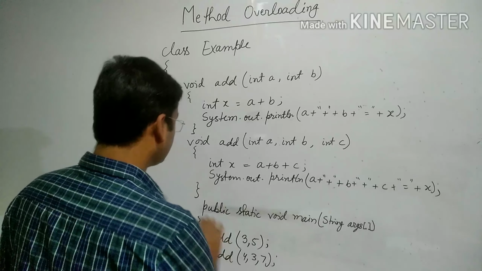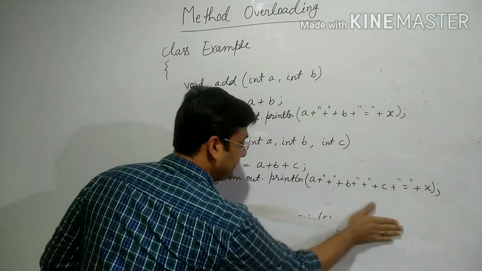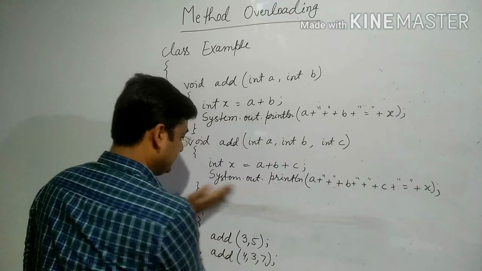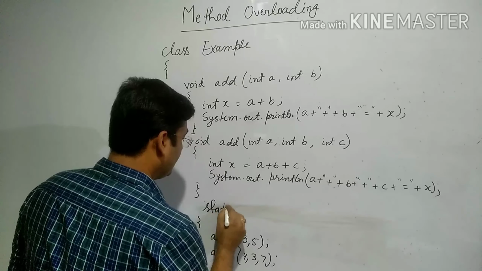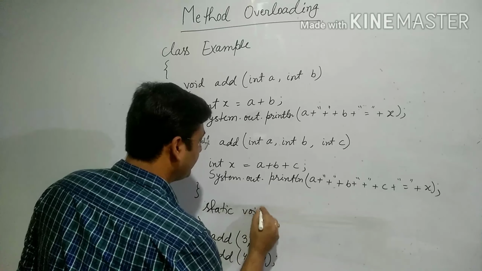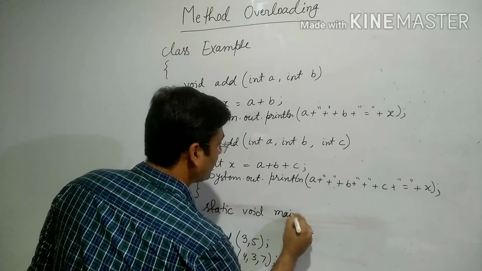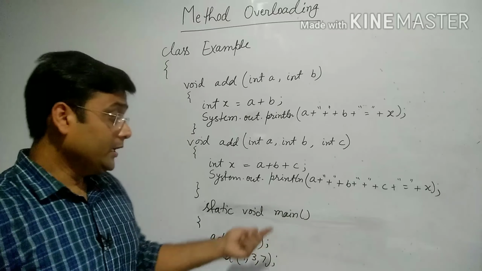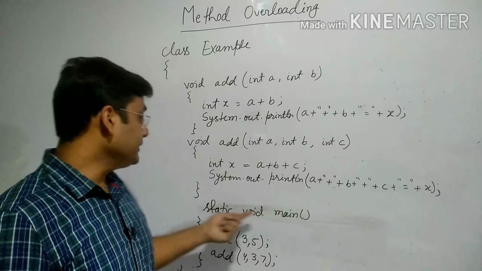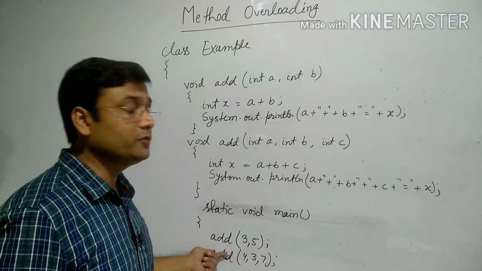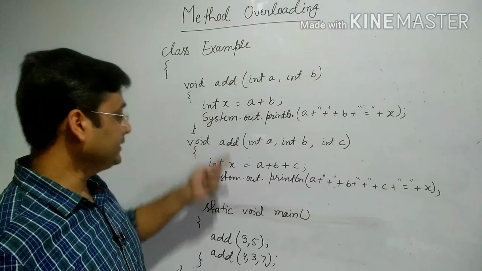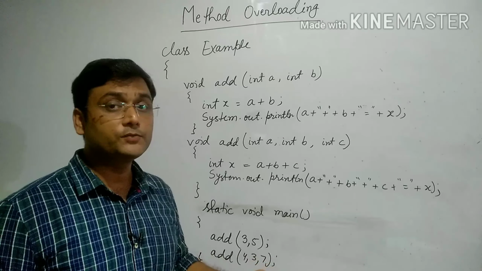So I am rubbing this out and writing static void main. If we create any method as static, then inside that method we cannot call any method like this. So what changes will we make here?